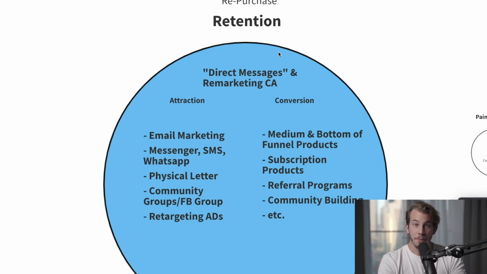If people have never bought in our business, our only option is to try to push ads on Instagram, Facebook, YouTube, maybe get their impression when they search for something, but we don't have their direct contact.